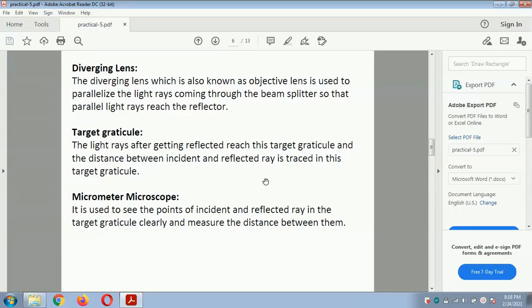The target graticule is where the incident and reflected rays can be targeted and the distance between them is traced. The micrometer microscope is used to see the points of the incident and reflected rays in the target graticule clearly and measure the distance between them.